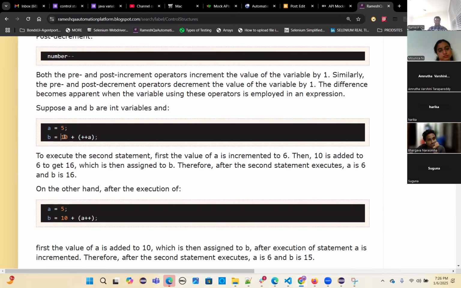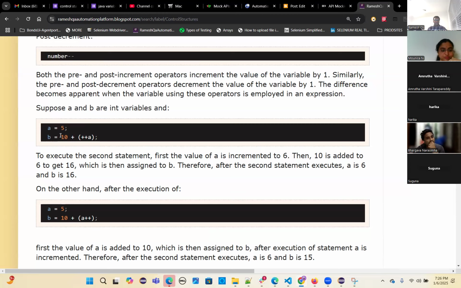Now b equal to 10 plus, see this one. Is this pre-increment or post-increment? Pre-increment. This is called an expression. When you use a pre or post increment in an expression, the value changes.